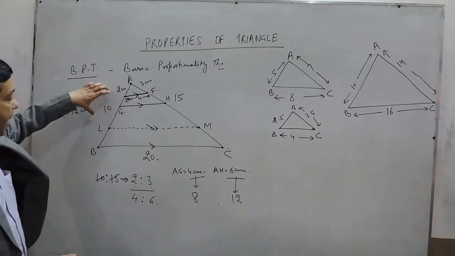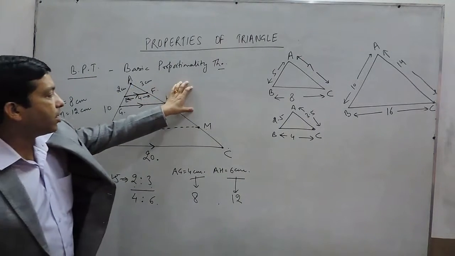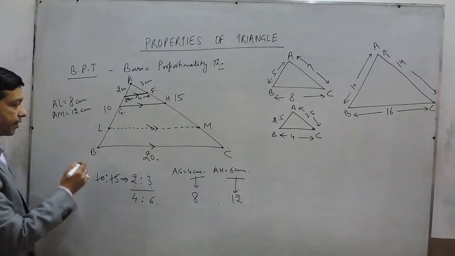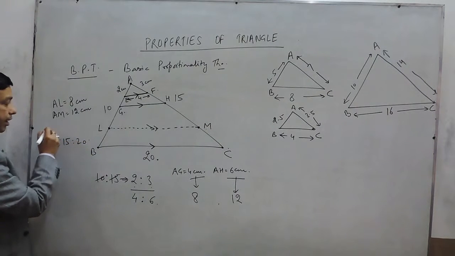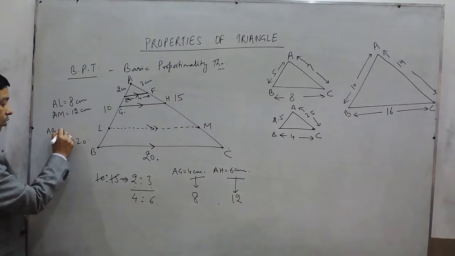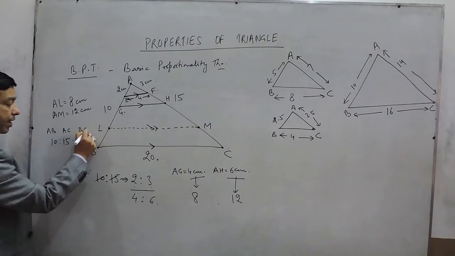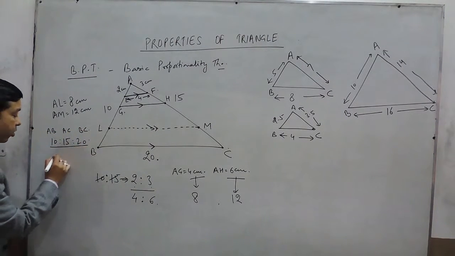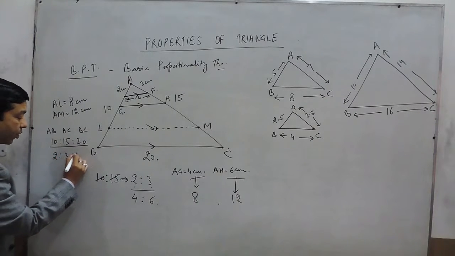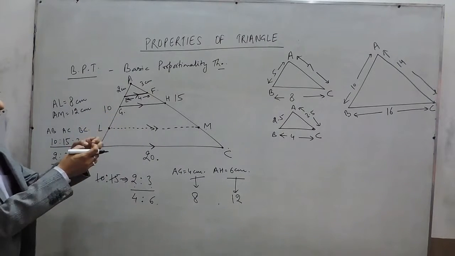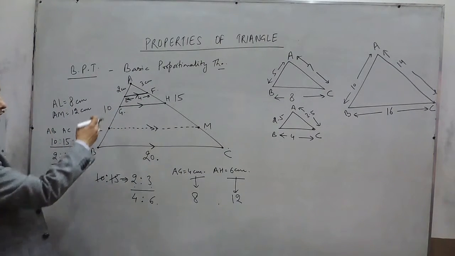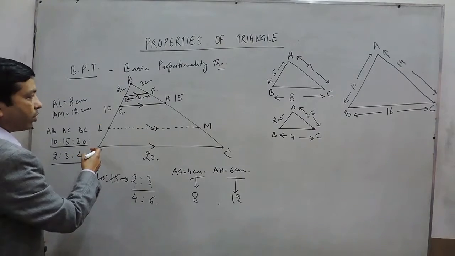When the ratio of AB to AC to BC is 10 to 15 to 20, that actually means the ratio becomes 2 to 3 to 4. So they will be squeezed in the ratio of 2 to 3 to 4, and they will also magnify in the same ratio.